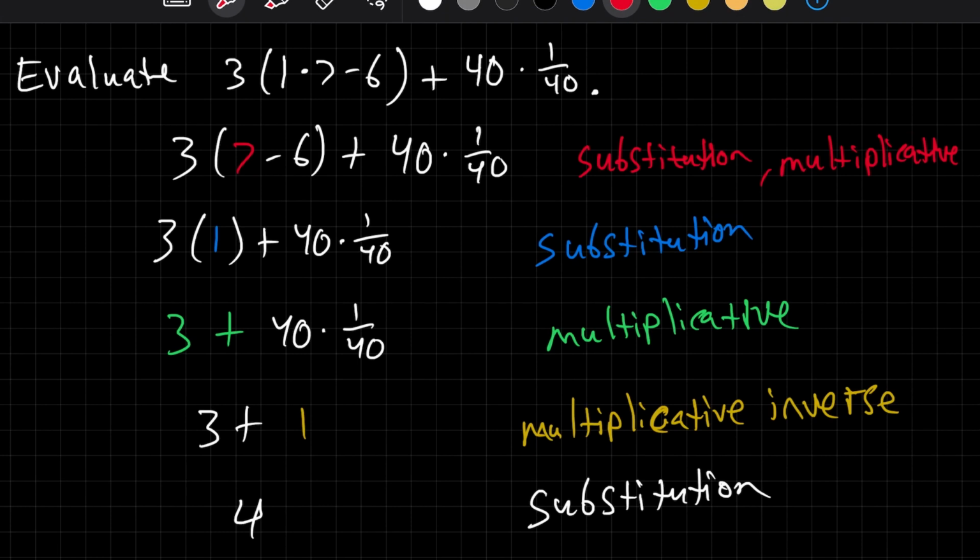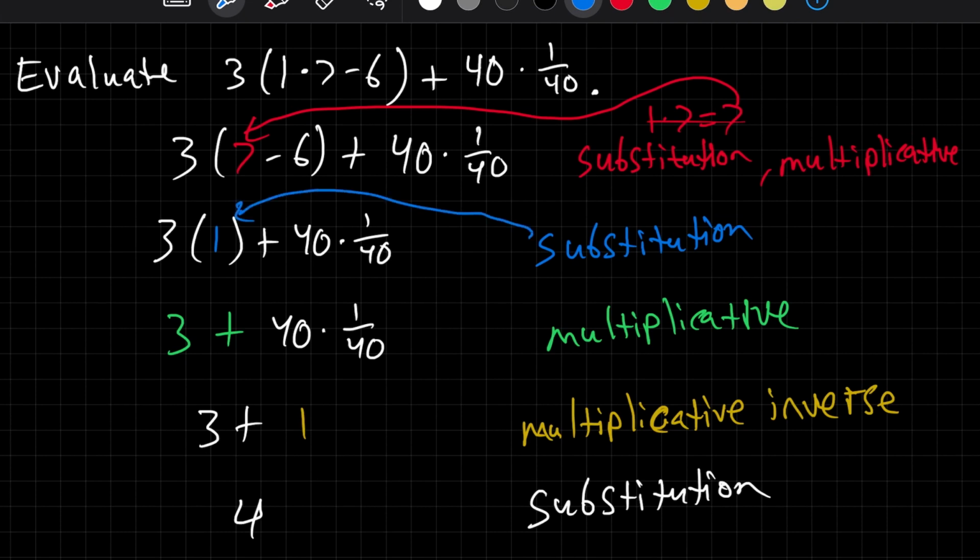So let's go back and look at this. In this case, we're substituting 1 times 7 as 7. So we plug that into here. Okay. And then we did a substitution here. And what did we substitute? 7 minus 6 is equal to 1, so we substitute 1 in place of that.